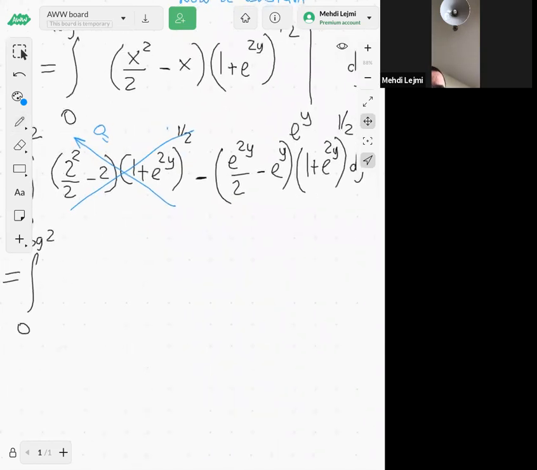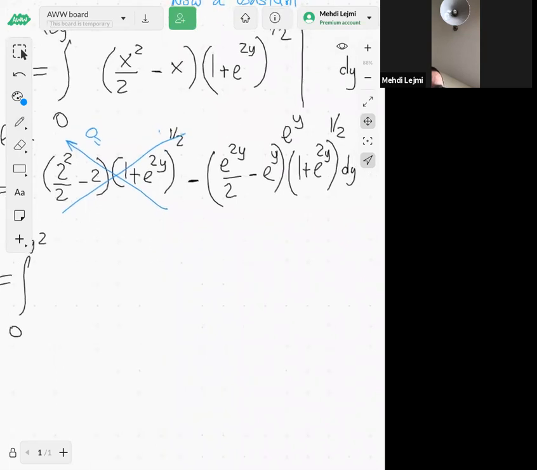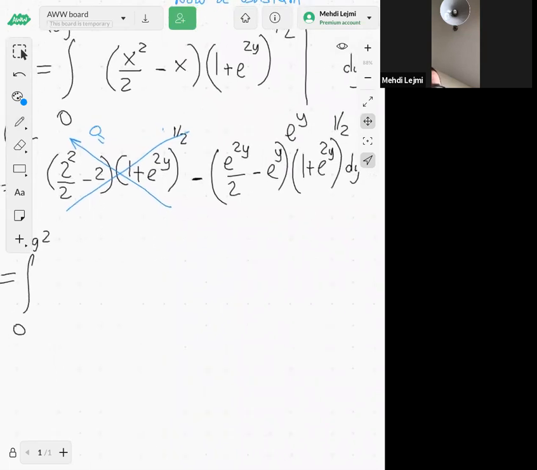So that would be equal to, this is e to the 2y over 2 times the 1 plus e to the 2y to the power half.